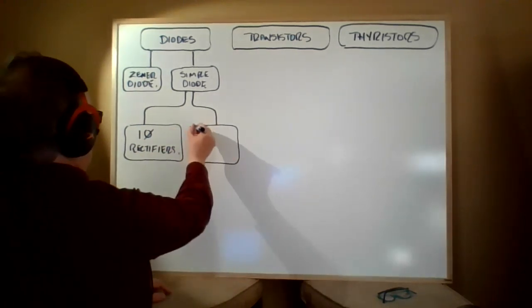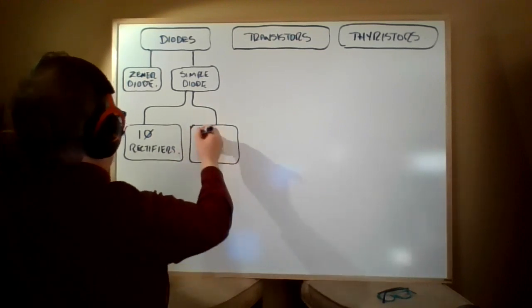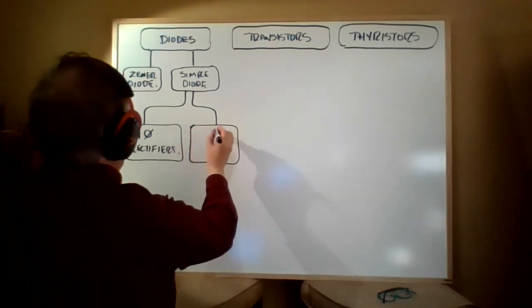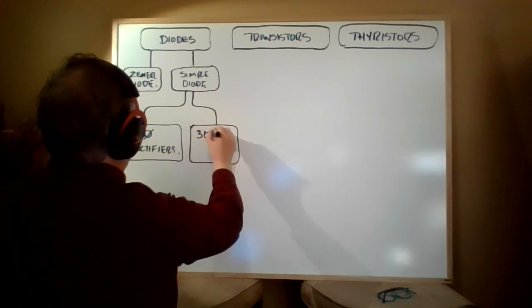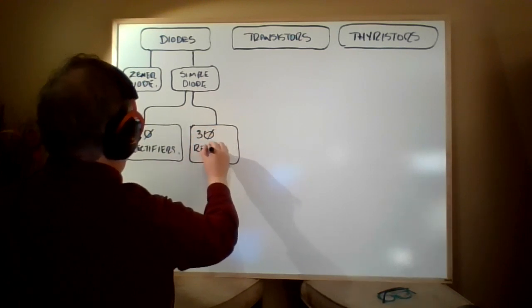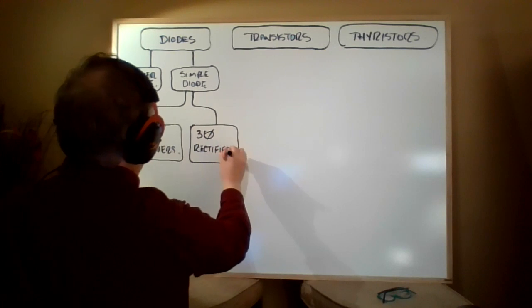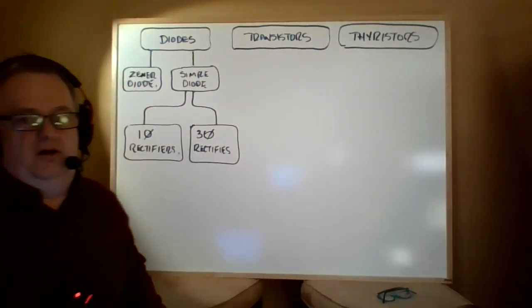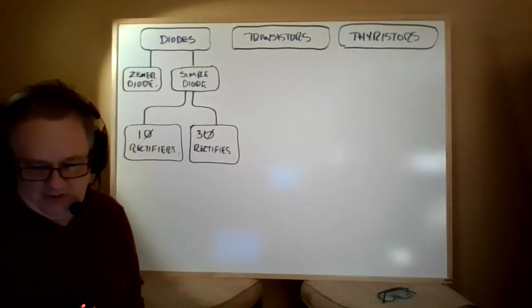Then we're going to move on, and now that you have the basis of three-phase systems, we're going to work on three-phase rectifiers. We're going to spend quite a bit of time and detail on those, and we're going to do some labs together on those.